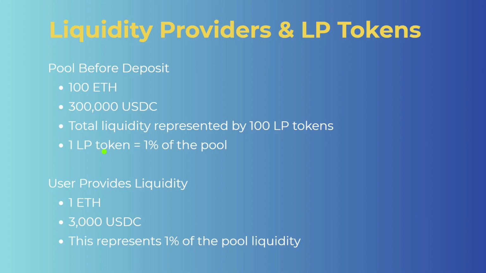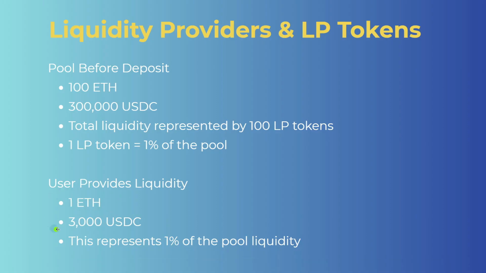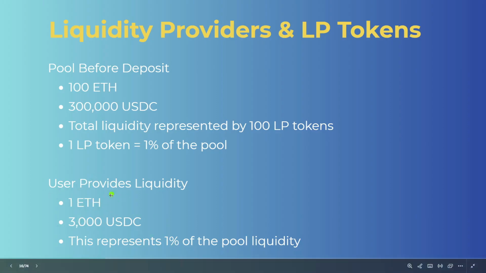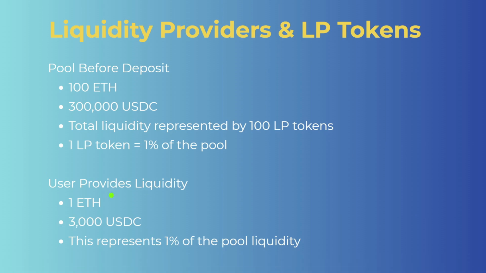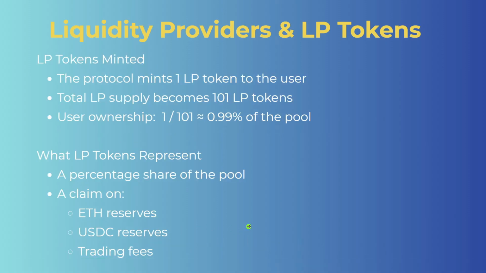Let's say that a user provides liquidity, so it provides 1 ETH and 3000 USDC. It cannot provide just 1 ETH or just 3000 USDC. It has to provide both, because the pool is 50% ETH, 50% USDC. So it is providing 1% of the pool liquidity. So it happens that LP tokens are minted.